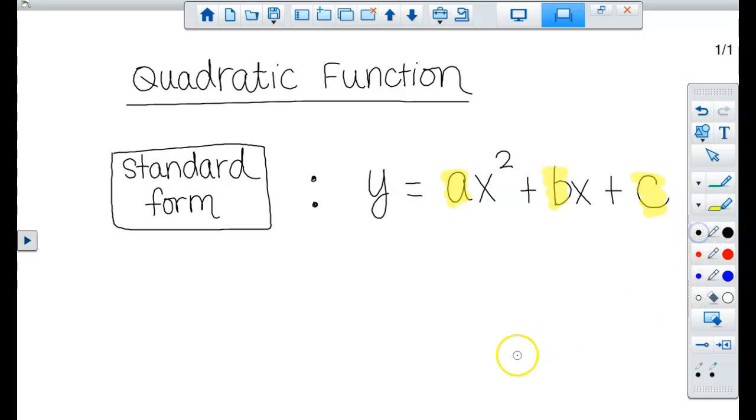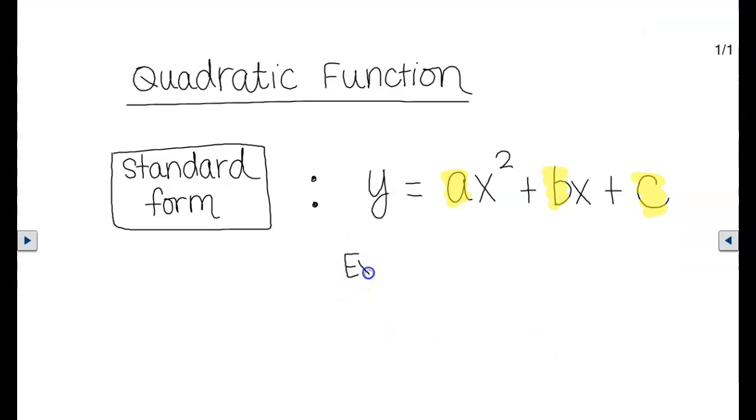All right, so just to show you a few examples, if I had y equals 2x squared plus x minus 5, that would be quadratic. The a would be this 2, the b would be a 1, because we know there's an invisible 1 in front of that x, and the c would be negative 5. So 2, 1, and negative 5 would be the values for a, b, and c, respectively.